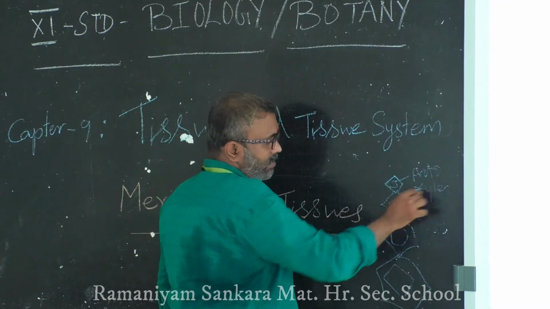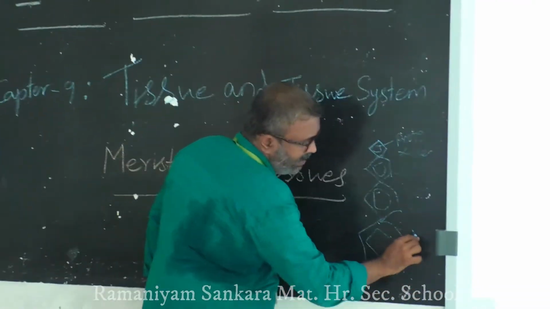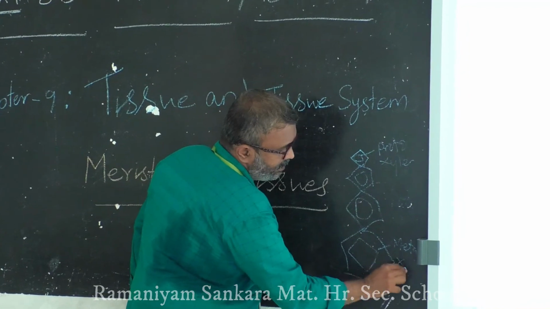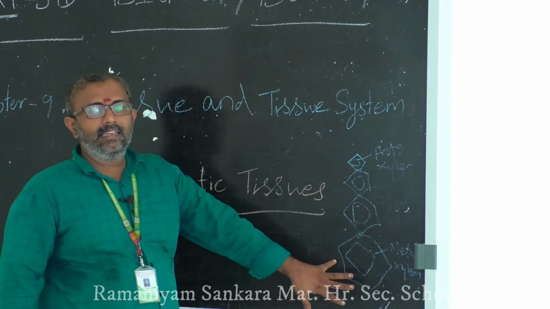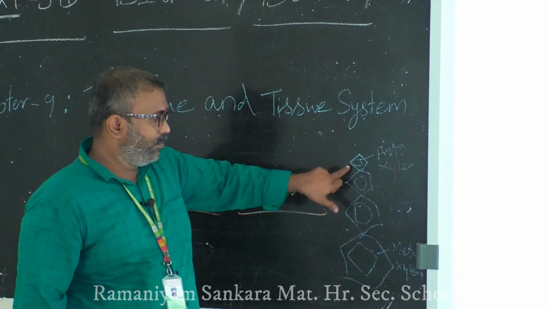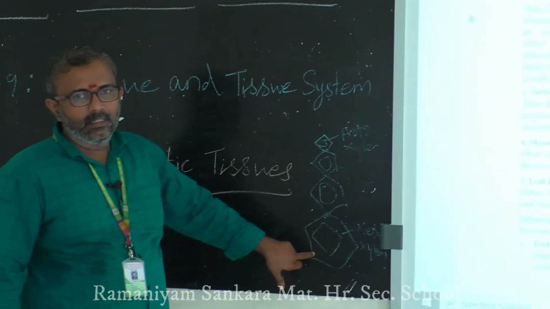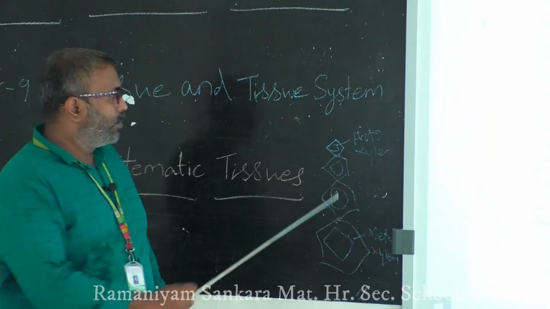It is small in size, and that is called metaxylem. So the xylem size increases. Protoxylem is early formed, metaxylem is later formed. These are the two types of xylem.